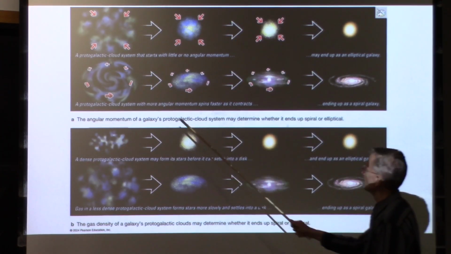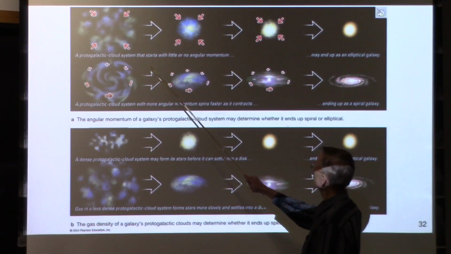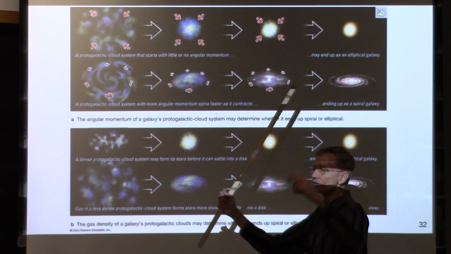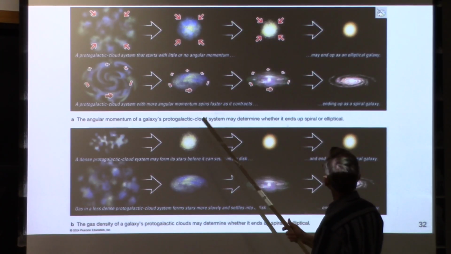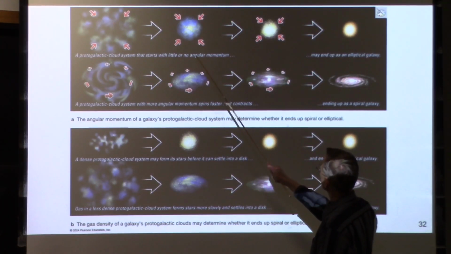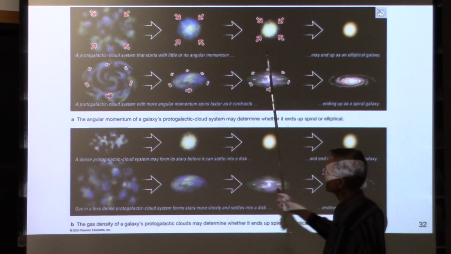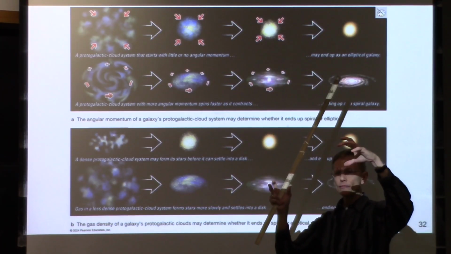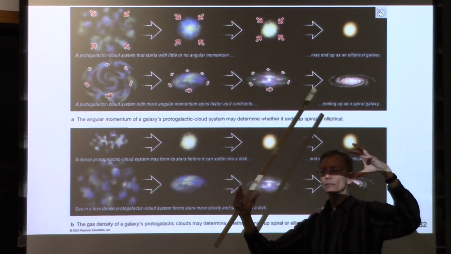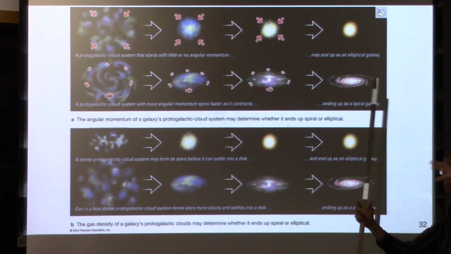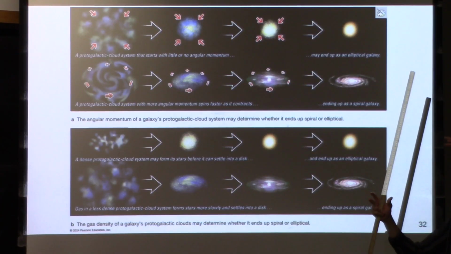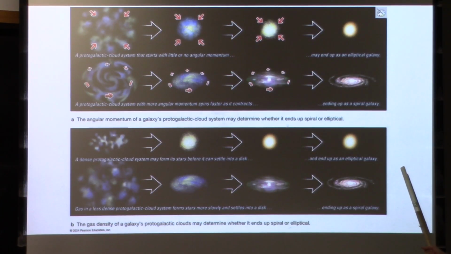So in other words, a protogalactic cloud system that starts with little or no angular momentum relative to its mass, well then, it may be that it all just kind of collapses. It's not got enough angular momentum to flatten out into a disk, and so it ends up as an elliptical galaxy, more spherically distributed as a result of that.